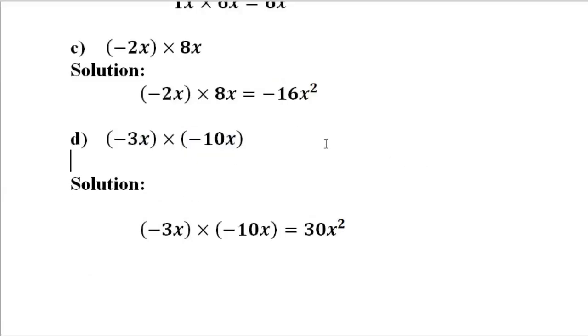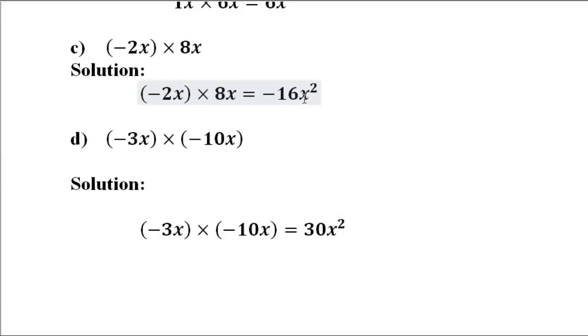Let's move on to number 3, where we have in parentheses -2x times positive 8x. We don't need to look for like terms. The first term is negative and the second term is positive. So -2 times positive 8 is -16, and since both terms have the same variable x with the same power of 1, their product is x squared.